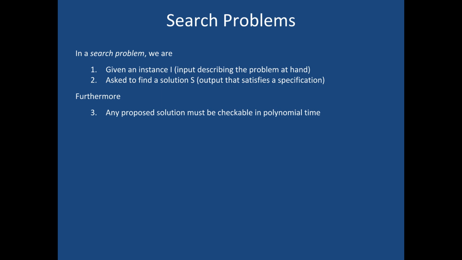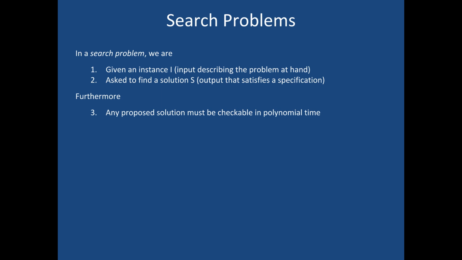So let's think about the Hamiltonian cycle problem. That's just finding a cycle. Forget about the weights. Is that a search problem? Okay. Does it fit criterion 1? Are you given an instance of some data? Yeah, you're given the graph. And 2, you're asked to find a solution S that satisfies some specification.